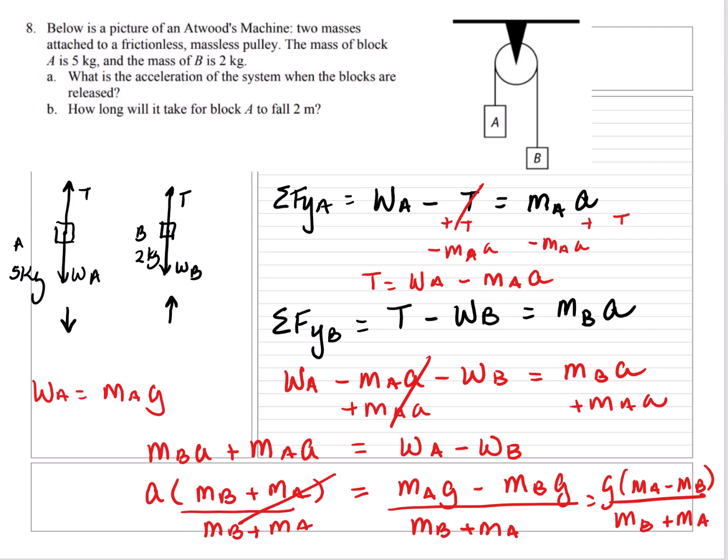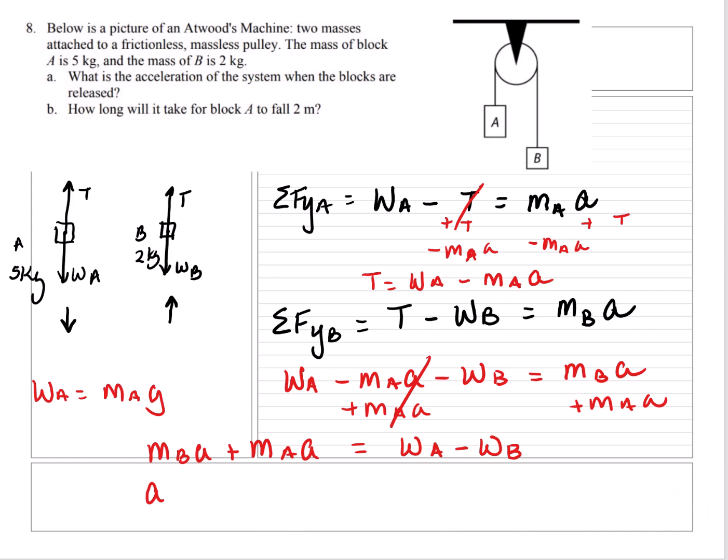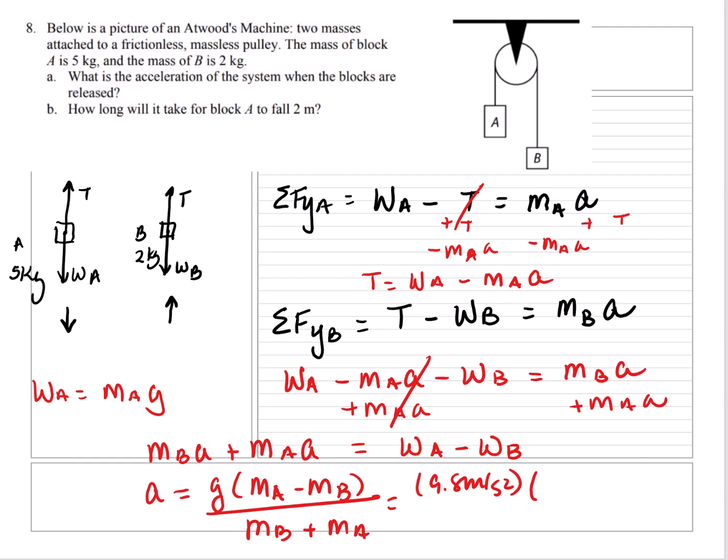To account for space, I'm going to erase some of this and rewrite it. So I'm just rewriting it. And now I'm going to plug in. Gravity is 9.8 meters per second squared.